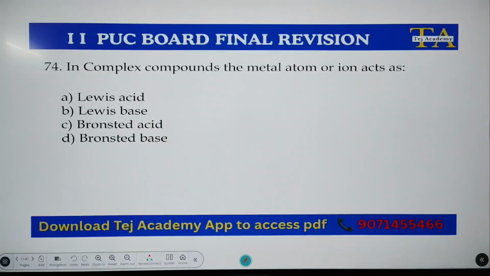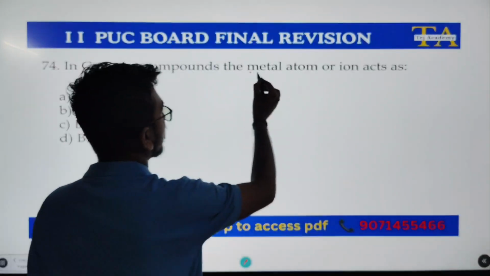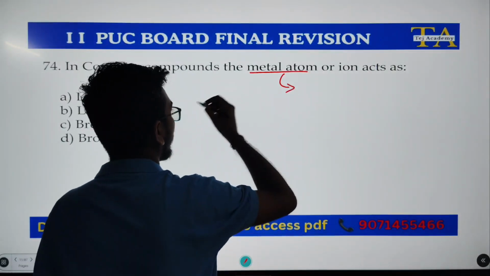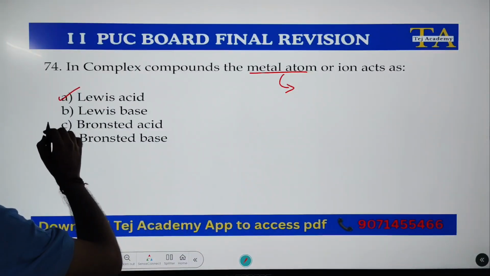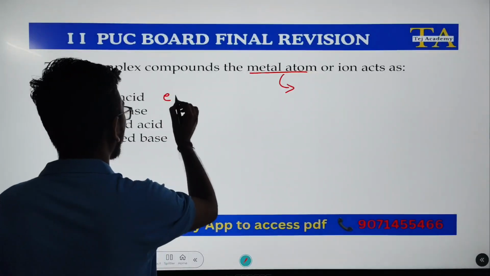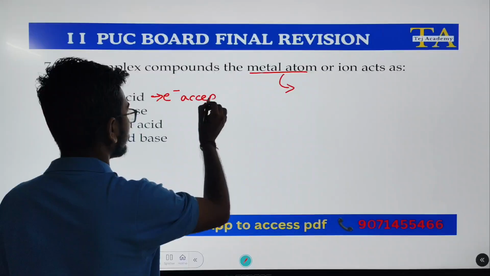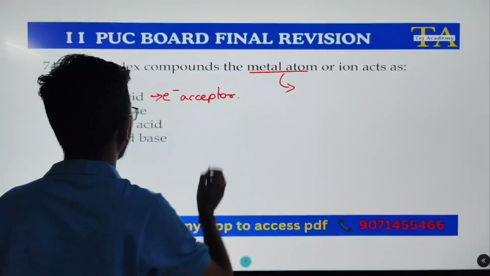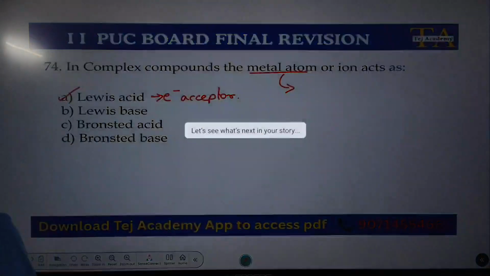In complex compounds, the metal atom or ion acts as a. So always remember, the metal atom in a complex compound will act as a Lewis acid. Lewis acid means electron acceptor. So it will accept the electron. So the metal atom will act as a Lewis acid.